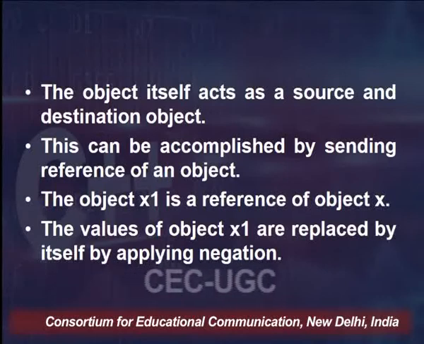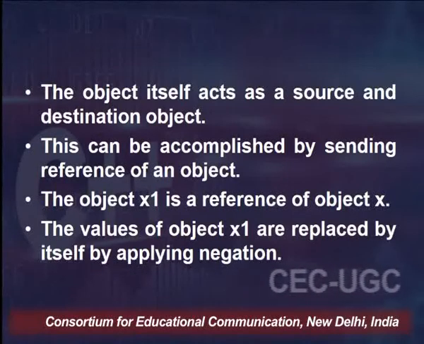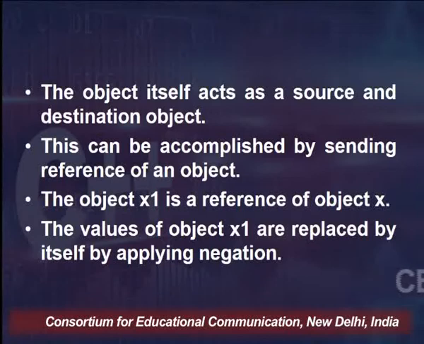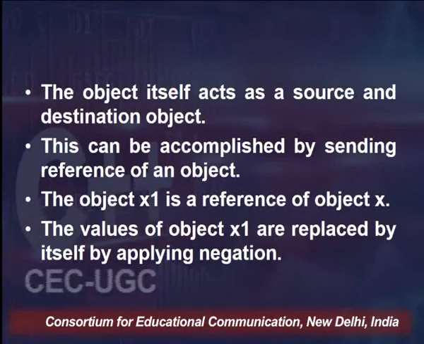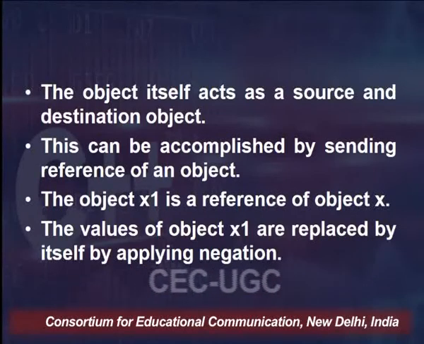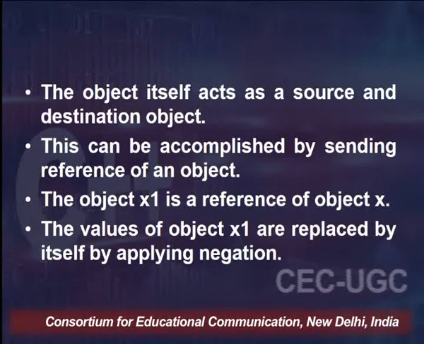So that referenced object is the source which is being passed, and the values were 10, 20, 30 of those private variables, and on those 10, 20 and 30 the operator overloading is implemented by calling minus x1, and hence the values will be changed to minus 10, minus 20 and minus 30.